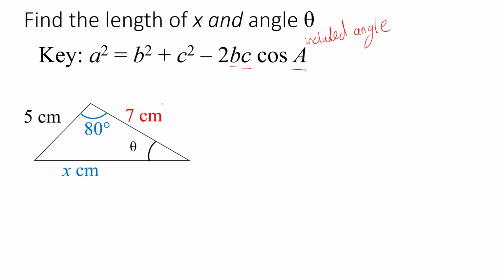So how do we go about doing this? Very simple. We just let 5 or 7 be B or C, then x will be A. So this one let us be A because it's the opposite side of the included angle.